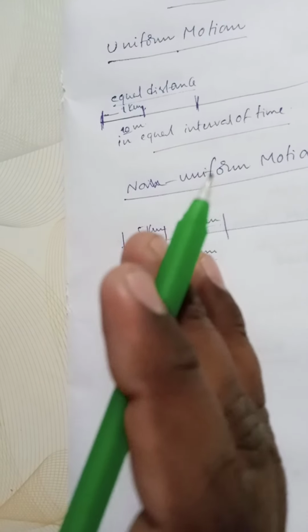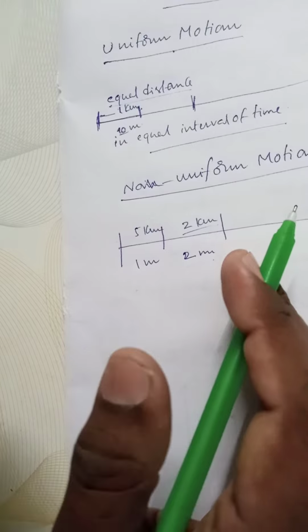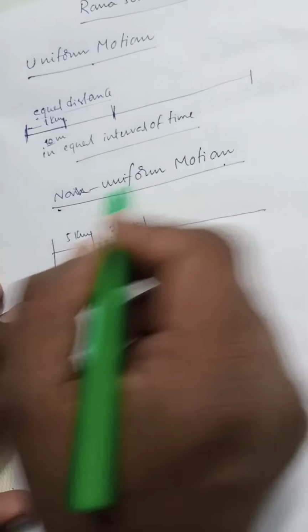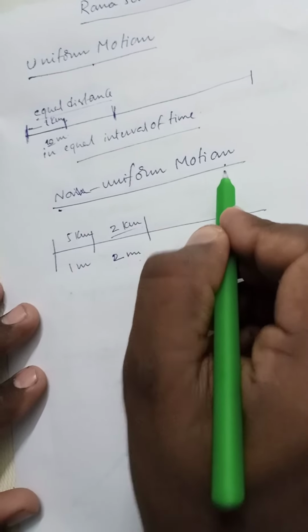He does not take equal distances in equal intervals of time, so that motion is called non-uniform motion.